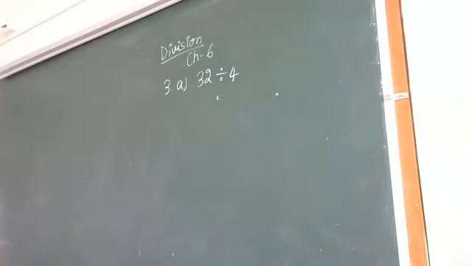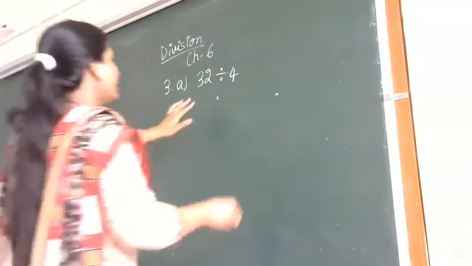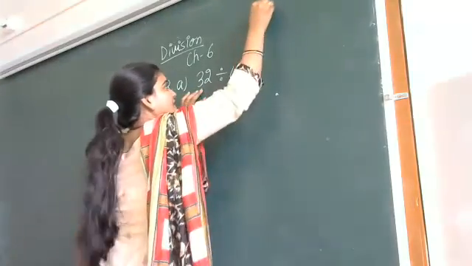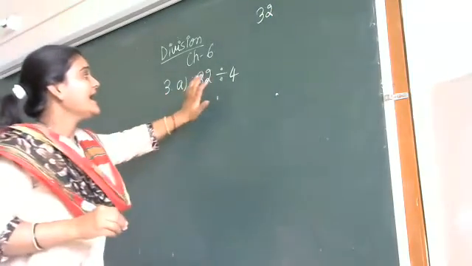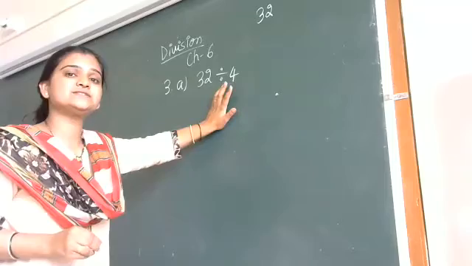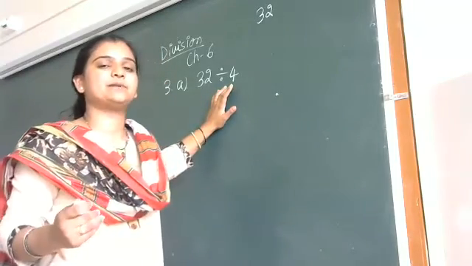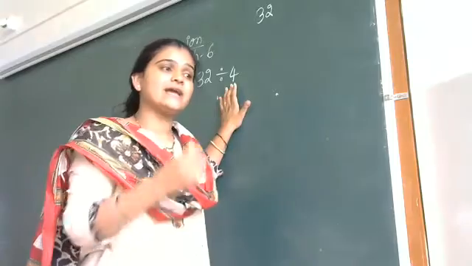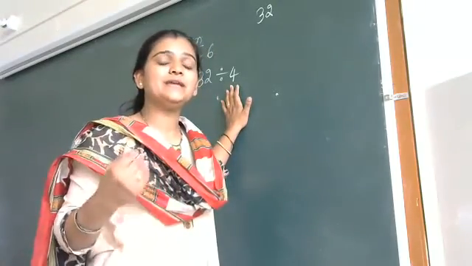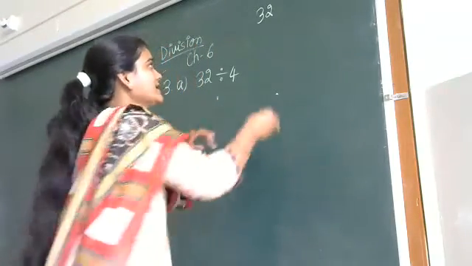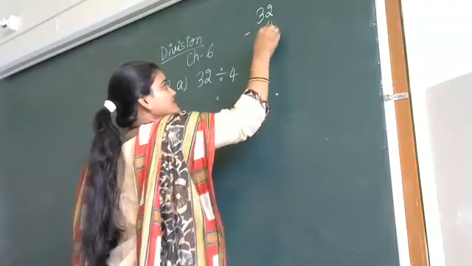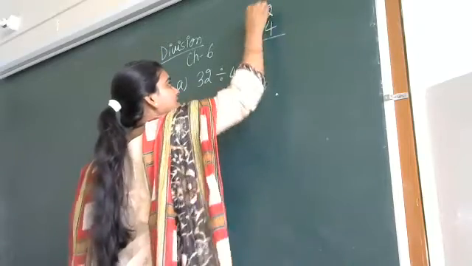In any of your maths notebooks, okay, see here we have 32, and the divisor is 4. So the number 4 will be undergoing repeated subtraction. We need to check how many times it can be subtracted. See here, 32 minus 4, what is the answer?